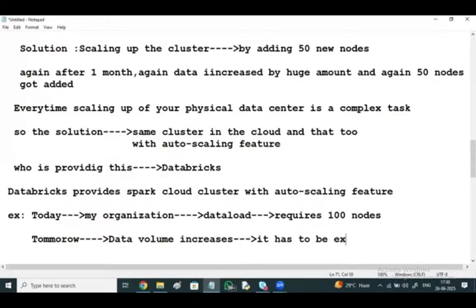It has to be extended to 200 automatically.